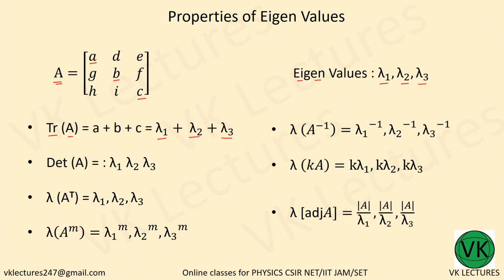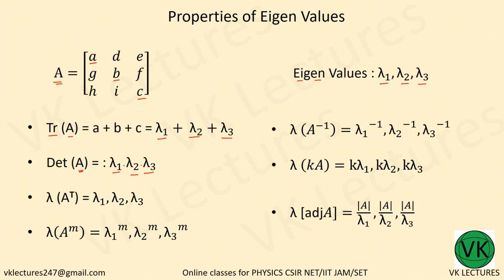So trace is equal to the sum of the eigenvalues. Now the determinant of the matrix A equals lambda 1 into lambda 2 into lambda 3. Determinant of A is equal to the product of the eigenvalues.